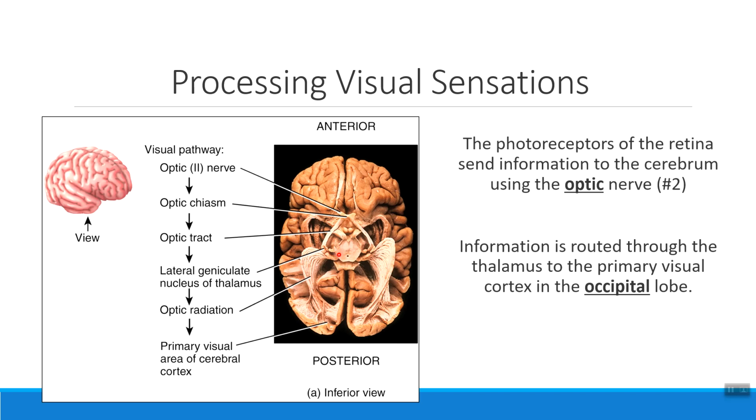Ultimately, we perceive visual sensations in the occipital lobe, the very backmost lobe of the brain. And remember, we said that about 50% of all the neurons in your cerebrum are involved in the process of vision. So from collecting light at your eyeballs to sending it through that optic nerve that crisscrosses back into the thalamus, back into the occipital lobe, lots and lots of neurons involved, helping you with the process of vision.